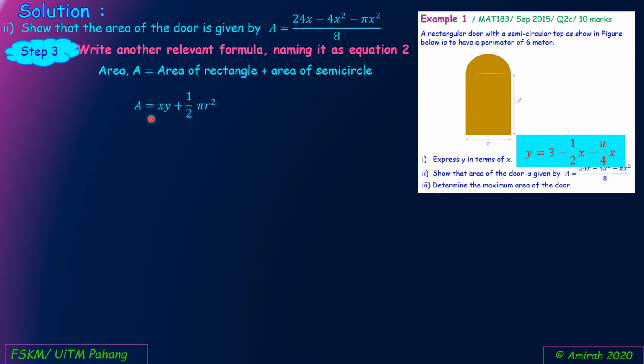So we can write A equals xy plus half pi r squared. This comes from the area of the rectangle, which equals x times y, which is xy. The area of the semicircle equals half pi r squared.